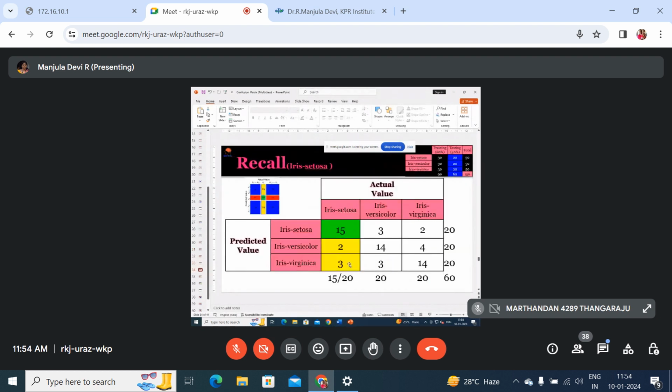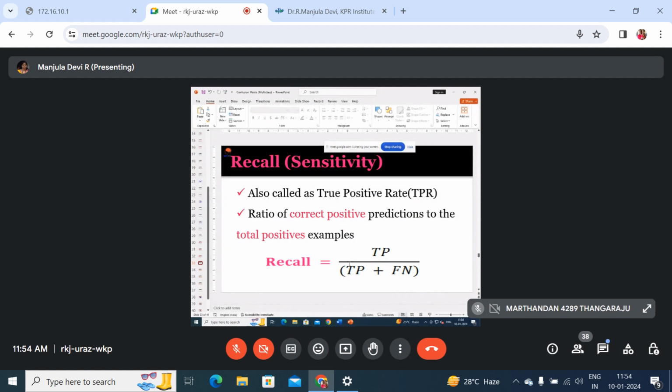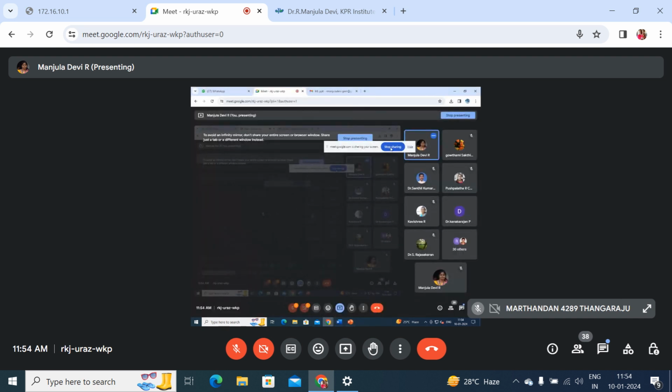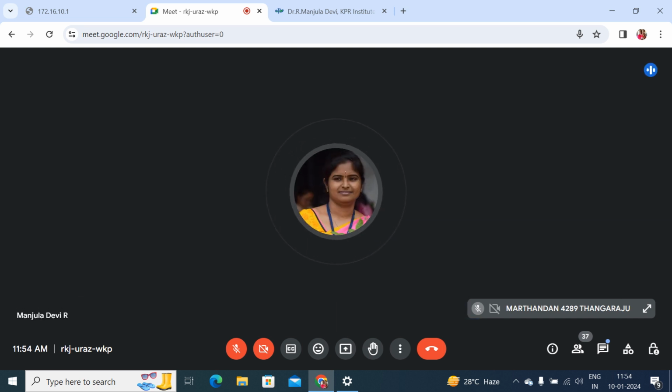Any doubt with your confusion matrix? Any doubt you can clarify it here. Any queries regarding the regression and the classification basics?